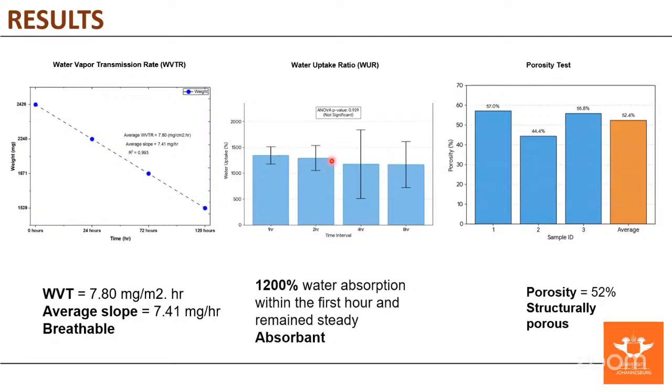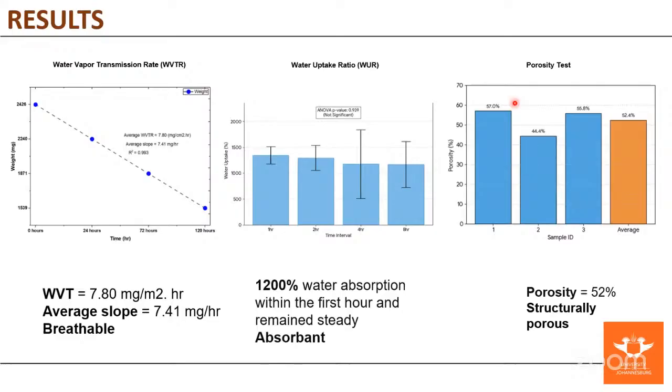But the good thing is, if you look at here, this is barely any decrease. So it means they remain steady throughout. They don't break down when they uptake water, which is a very important function in this. But the overall picture of this is that they are absorbent in relation to exudates in wound environments.